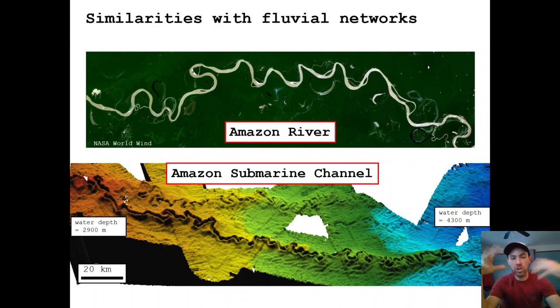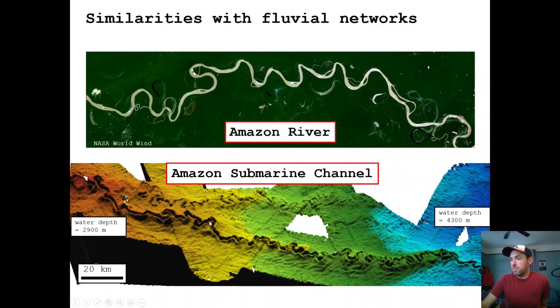It gets deposited on the shelf. That shelf generates turbidity currents by a number of different mechanisms, which we'll talk about a little bit later, slope failure, etc. And those sediment gravity currents can become any number of types of current, and they can form these submarine canyons and submarine channels that behave in similar ways, albeit with fairly distinct differences, such as the ability to super elevate the channel above the surrounding area.